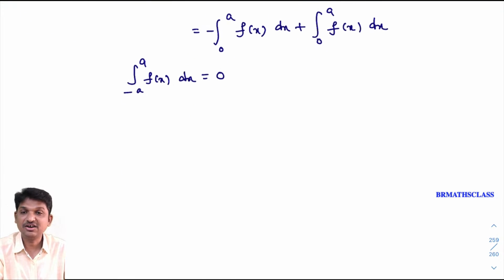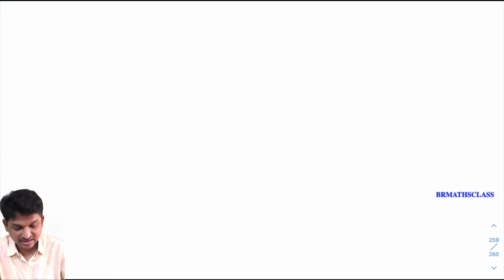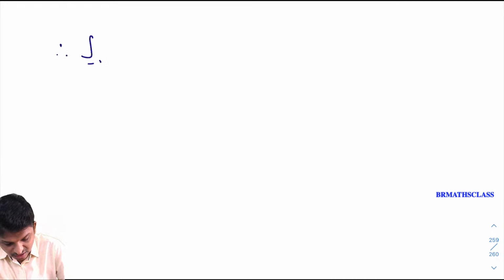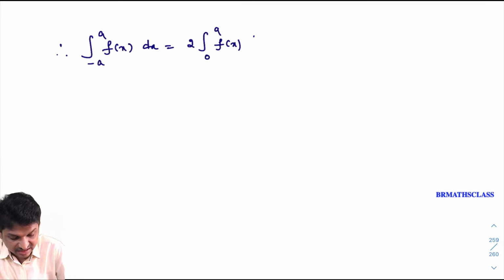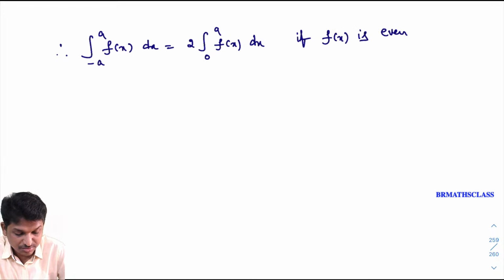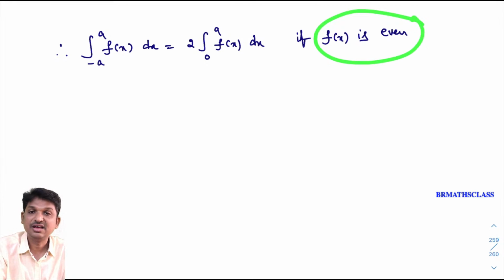So finally I'll conclude. What did we prove here? We proved that the integral of minus a to a f of x dx is 2 times the integral of 0 to a f of x dx when f of x is even. F of x is an even function means f of minus x is f of x.